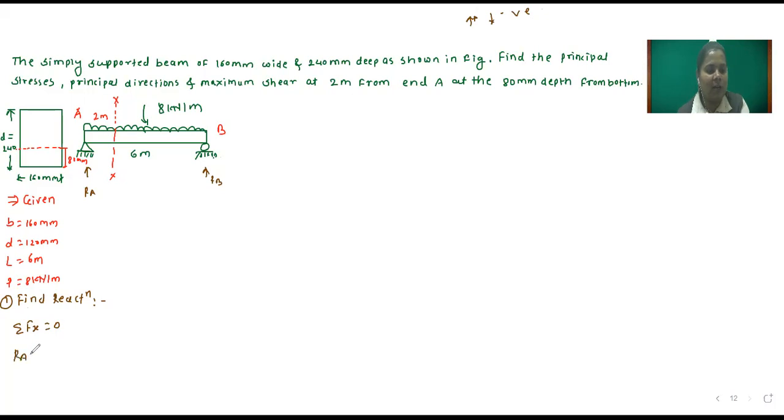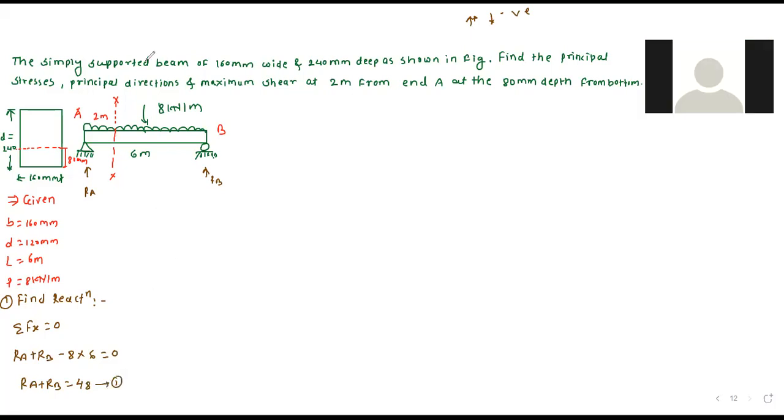RA plus RB, then this 8 is going downward, so minus 8 into 6, since this is a uniformly distributed load, which is equal to 0. So RA plus RB is equal to 48. This is equation 1.